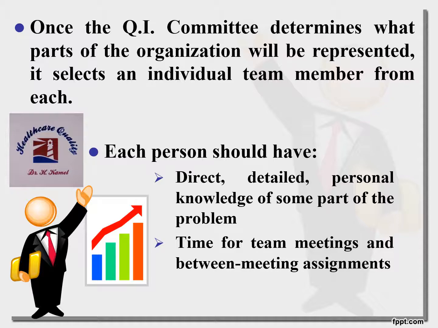Once the Quality Improvement Committee determines what parts of the organization will be represented, it selects an individual team member from each. Each person should have direct, detailed personal knowledge of some part of the problem, and time for team meetings and between-meeting assignments.